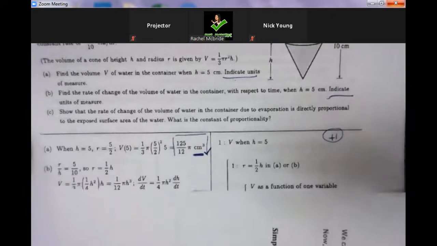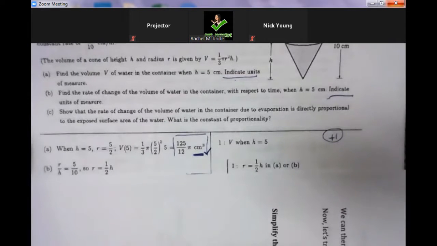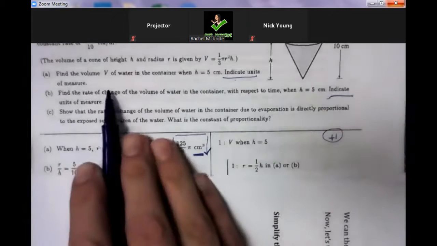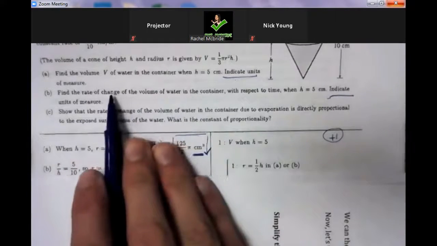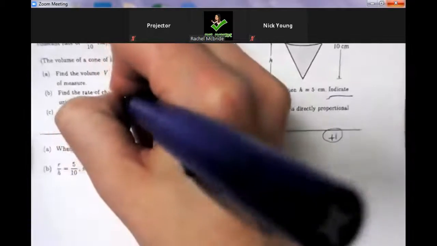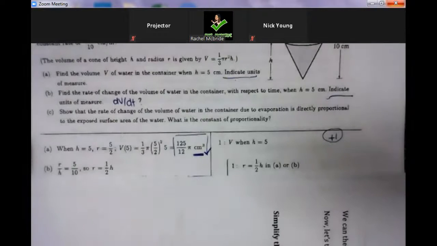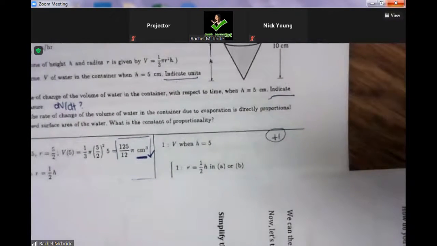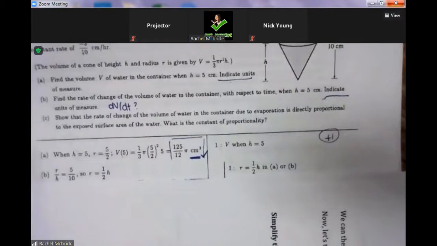Okay, for part B, it said find the rate of change of volume in the water. So we're looking for the rate of change of volume. I'm looking for dV/dt. When h is 5, so that means at h equals 5, that's some of my key information.